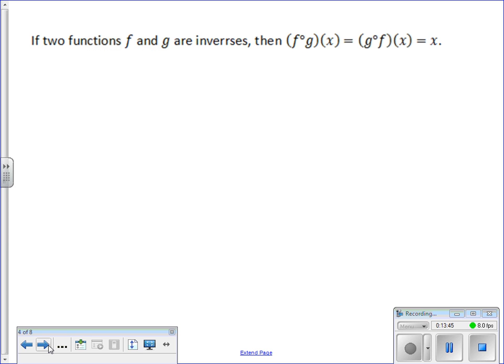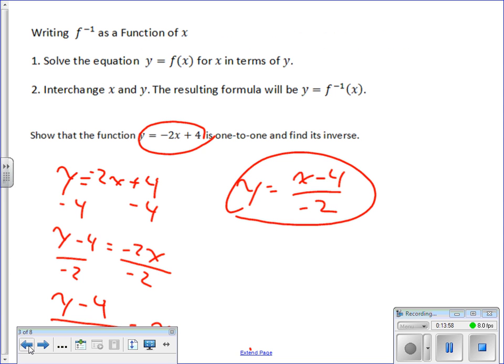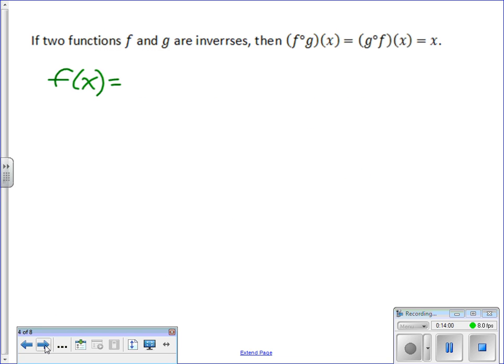So let's say, for example, I want to take what I just worked with and prove that they're inverse functions. I will go f of x was negative 2x plus 4, and g of x is x minus 4 over negative 2.